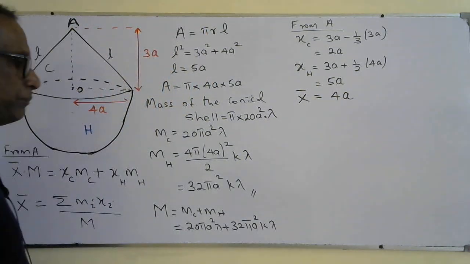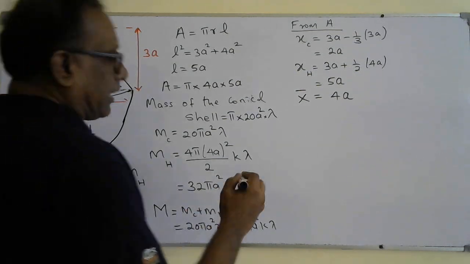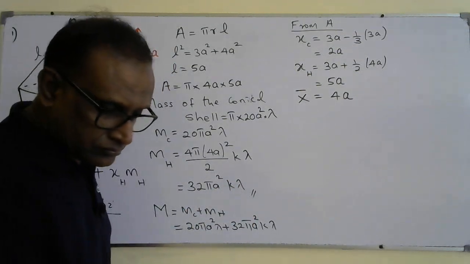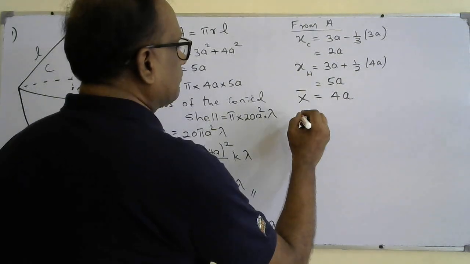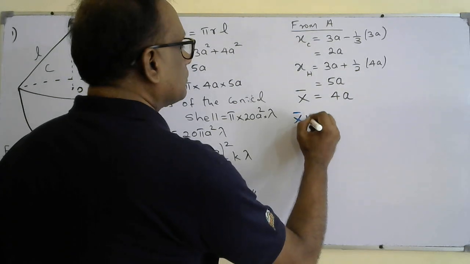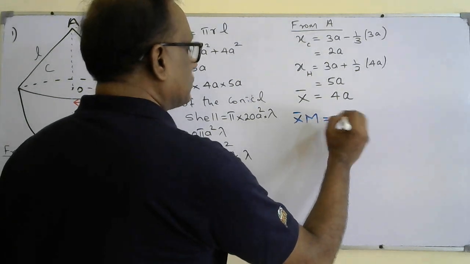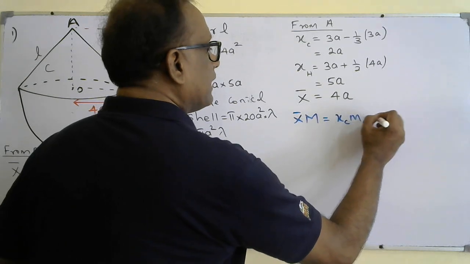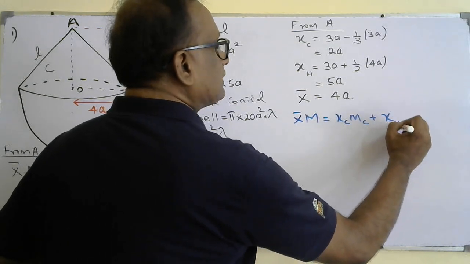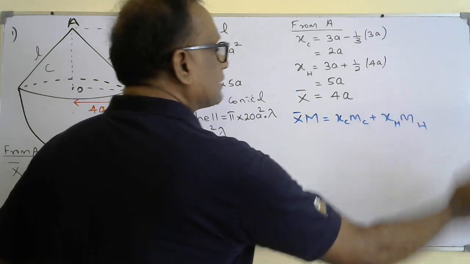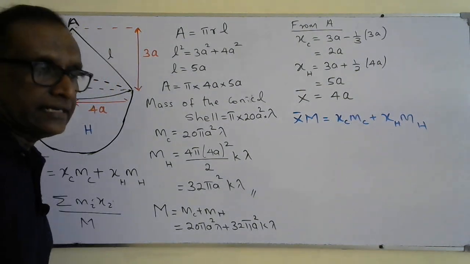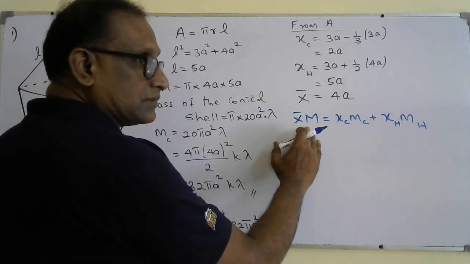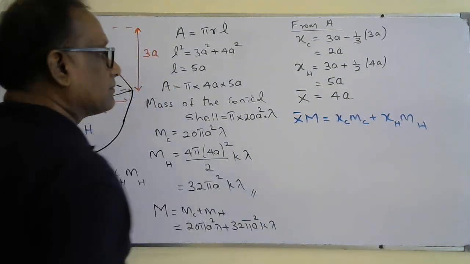Right, now we are going to apply this equation, x bar m equal to xc mc plus xh mh. That's sigma mi xi, the same principle.